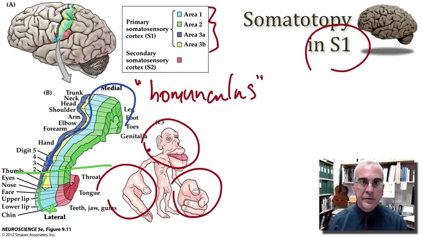The hands are represented where the central sulcus has that S shape, where the two gyri interdigitate against each other, and then the face is represented in that inferior segment of the postcentral gyrus. Whereas the remaining parts of the body are not nearly as magnified.